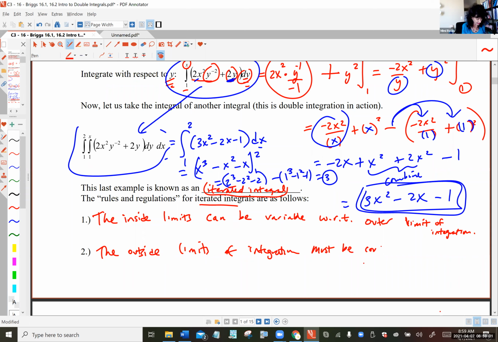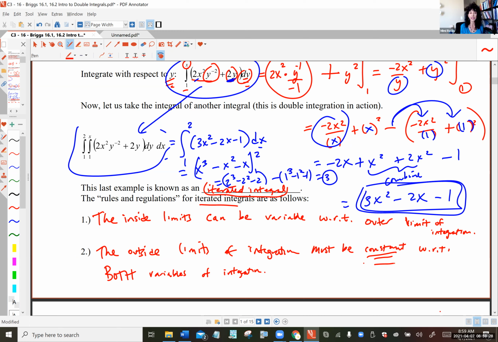And so what does that mean? Constant, w.r.t. both variables of integration. So write this down and we'll talk about what it means. And we'll even look at that last example we just did. So the outside limits of integration must be constant with respect to both variables of integration.